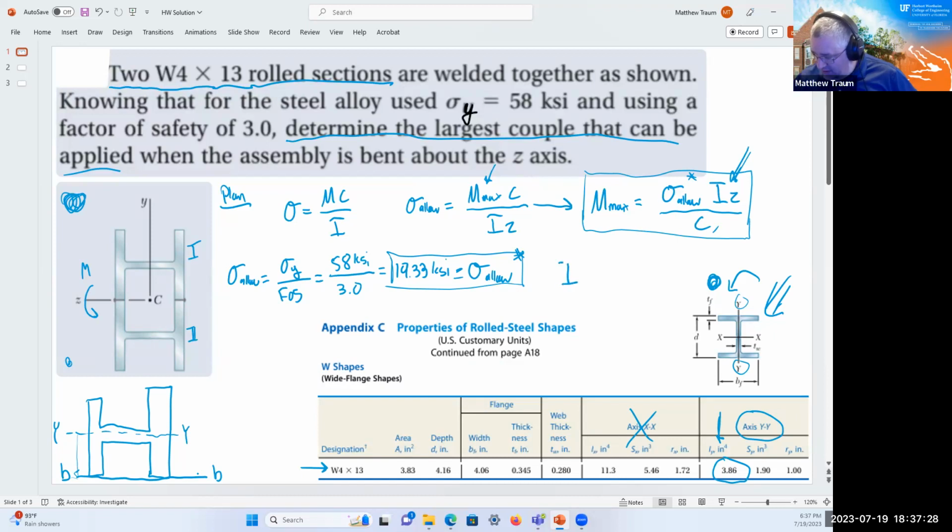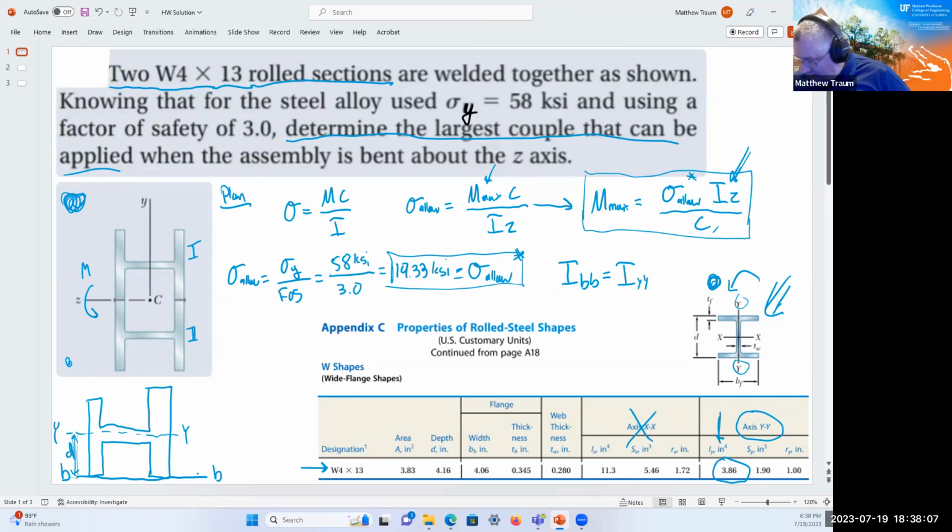So we're going to try to figure out I of BB, for this guy tipped on its side. And what that is is just I of YY, which is this guy, and then moved by this distance, which let's call D1. So this distance is D1, down to this plane where that weld line is.